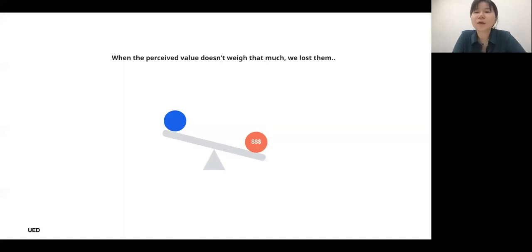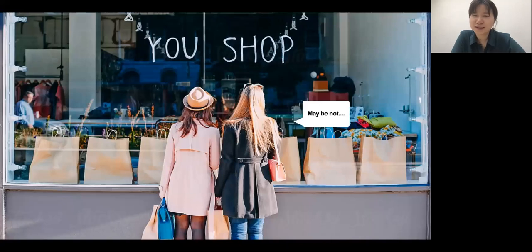And this is the worst case that we wouldn't want to see: the perceived value doesn't weigh that much. So we lost them, like when you see others staring at the window but never coming to the shop, or people going to your page and you have a lot of page views, but no one is clicking on that button and going through.